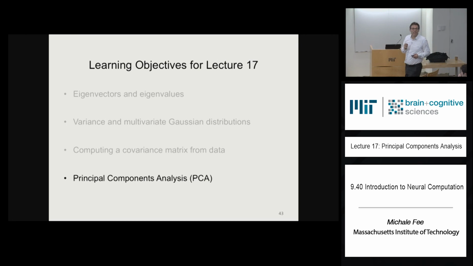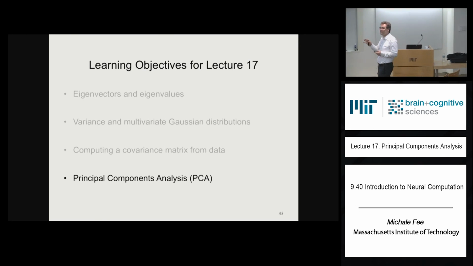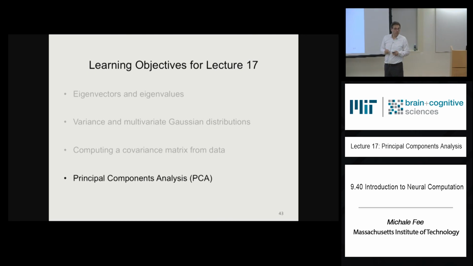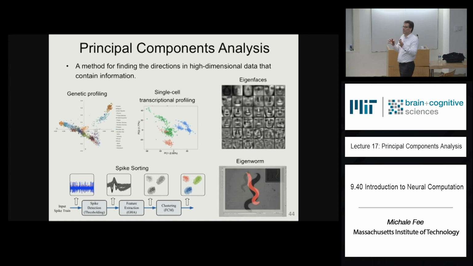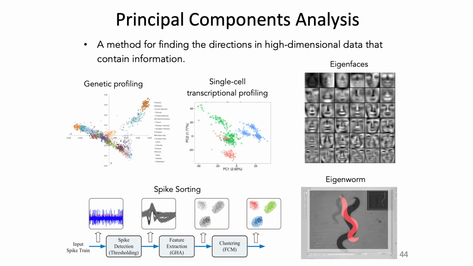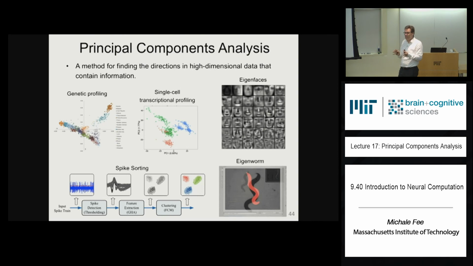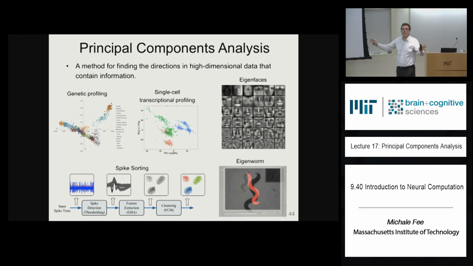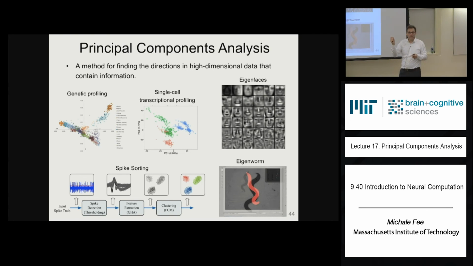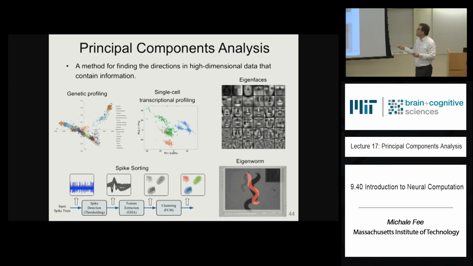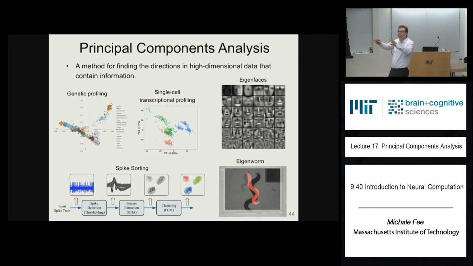All right, so now let's apply those tools to actually do some principal components analysis. Okay, so principal components analysis is really amazing. If you look at single nucleotide polymorphisms in populations of people, there are hundreds of genes that you can look at, different variations of a gene across hundreds of genes, but it's this enormous data set.